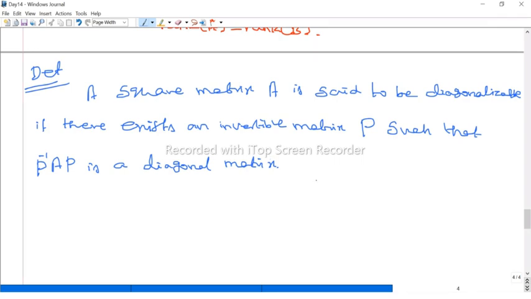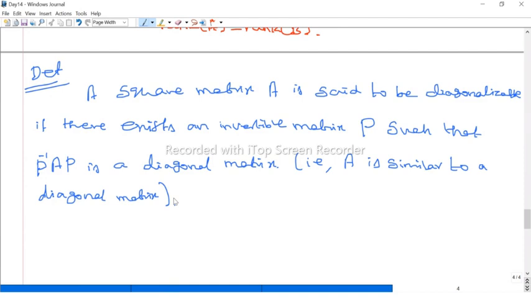That is actually what we are saying here. So we say A is diagonalizable if A is similar to a diagonal matrix. If a matrix is similar to a diagonal matrix, then we say that matrix is a diagonalizable matrix.